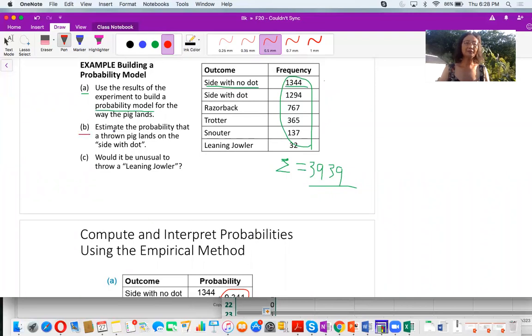Question B, estimate the probability that a thrown pig lands on the side with dot. Calculate this probability, side with dot.